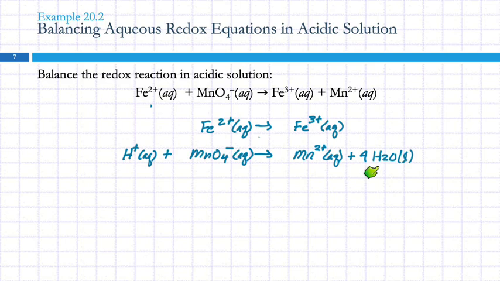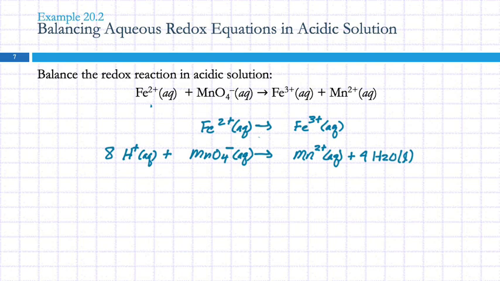Over here, there's a total of 8 hydrogens, right? So I'll put an 8 here. So I have 8 hydrogens on this side, 8 hydrogens on that side, 1 manganese and 1 manganese, 4 oxygens and 4 oxygens. Okay?